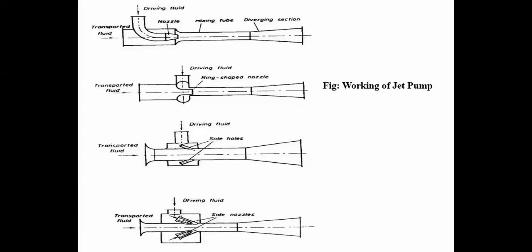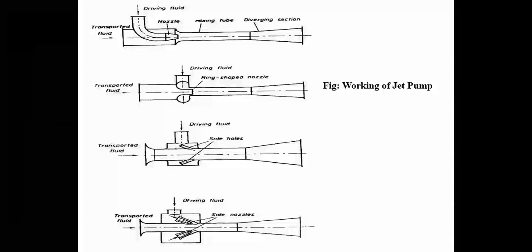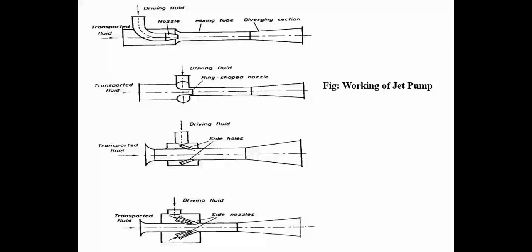Due to the force of this water, the normal transported fluid is forced into the divergent section. This will end up in a centrifugal pump, and it will be discharged to the outlet end of the centrifugal pump.